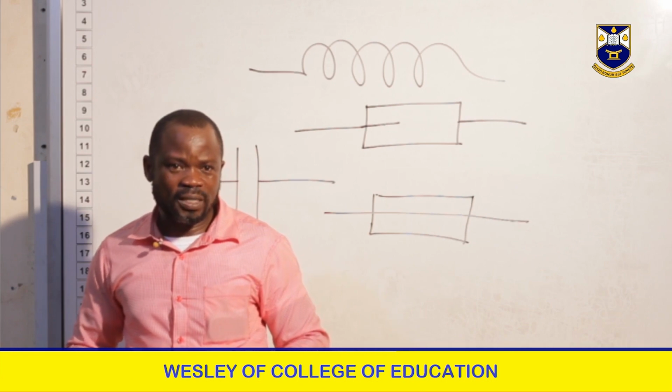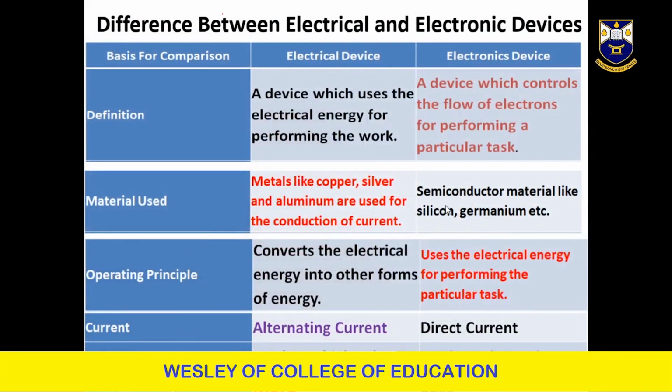Again, in terms of voltage, electrical devices work on high voltage, whilst electronic devices work on low voltage. And electrical devices consume more power, whilst electronic devices consume less power.